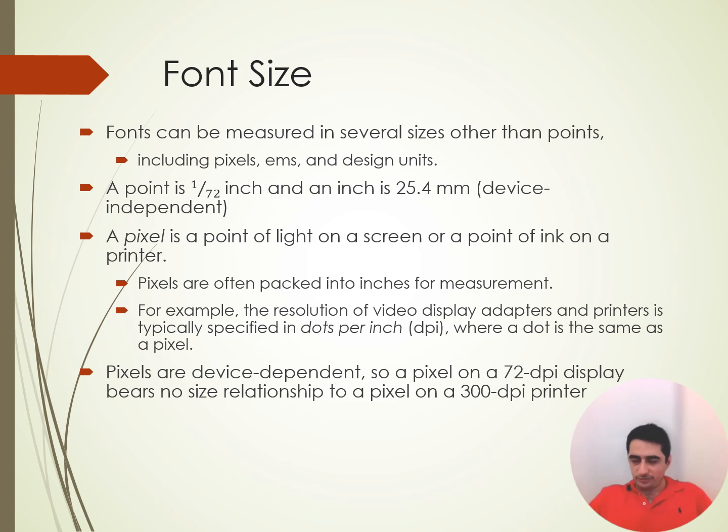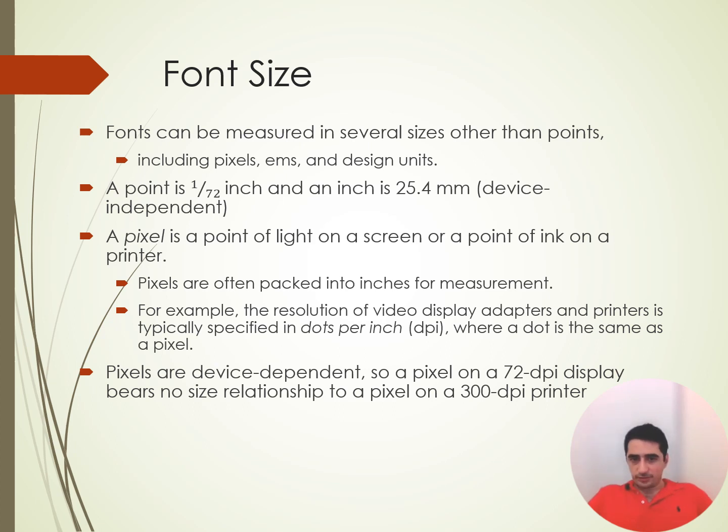These conversion ratios are completely independent of the device. But pixel, which is another measurement unit for font size, is device dependent. A pixel is a point of light on a screen or a point of ink on a printer.